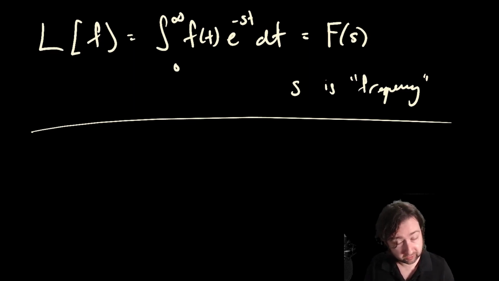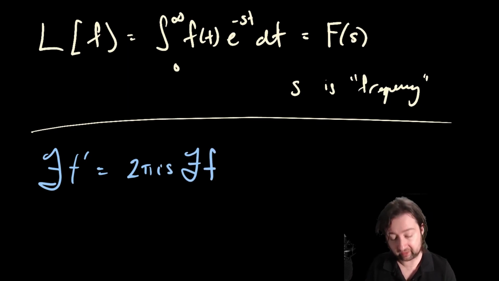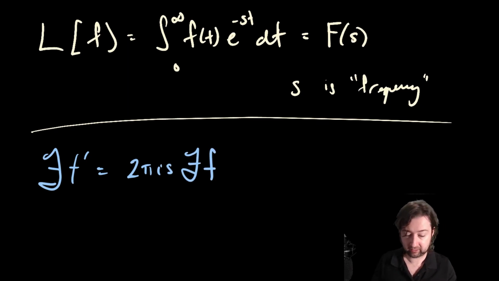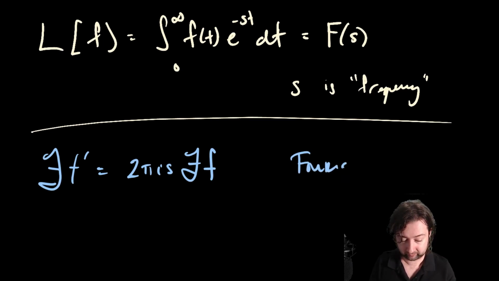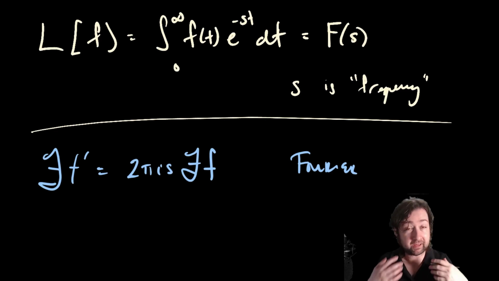Now in the Fourier transform case, remember that the Fourier transform of f prime was equal to 2 pi i times the Fourier transform of f. And we're really hoping that we get the same kind of rule when we're working with the Laplace transform. Because if I have that same kind of rule, then I could do the same thing.